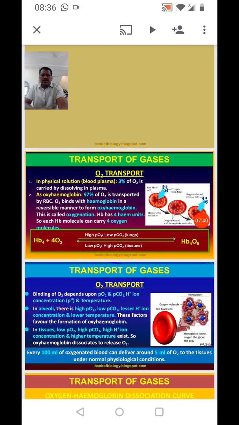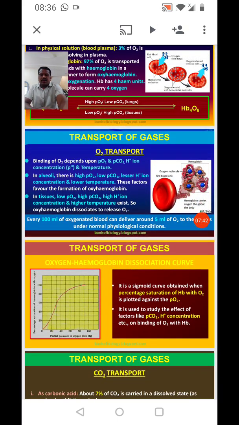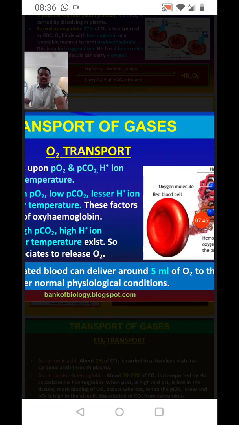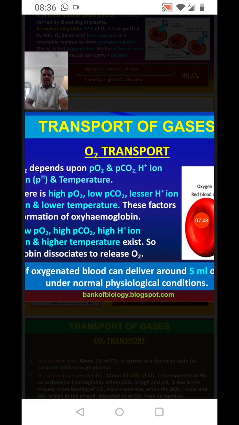But here you should remember that at the alveoli, hemoglobin binds with oxygen and forms the oxyhemoglobin. At the tissues, oxyhemoglobin dissociates into hemoglobin and oxygen. Right? This is the reversible reaction.